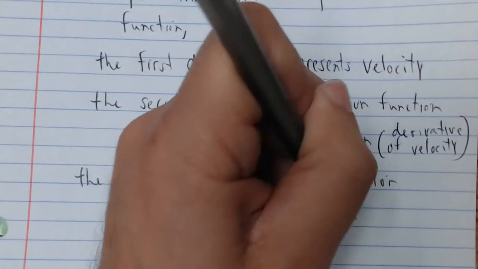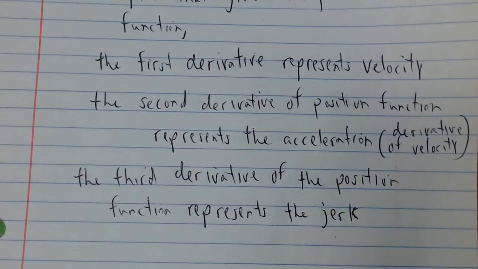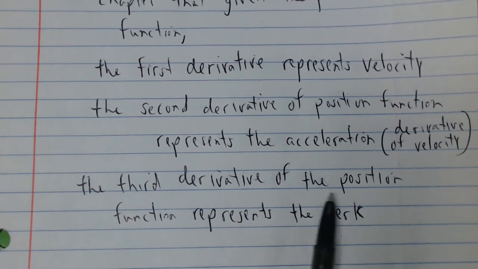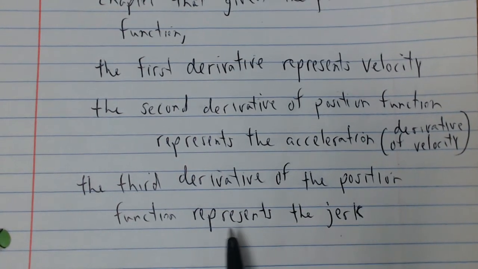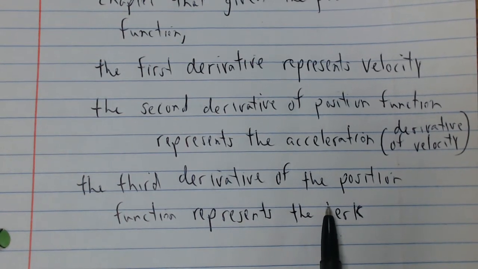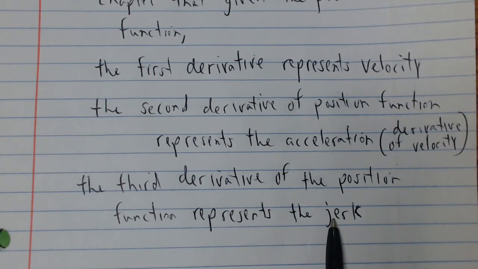Now, when I say jerk, we're not saying, hey, you're a jerk. Let me make sense of what we mean. The third derivative of position is the derivative of acceleration, right? What causes a sudden change of acceleration? The sudden change of acceleration is what we call the jerk.